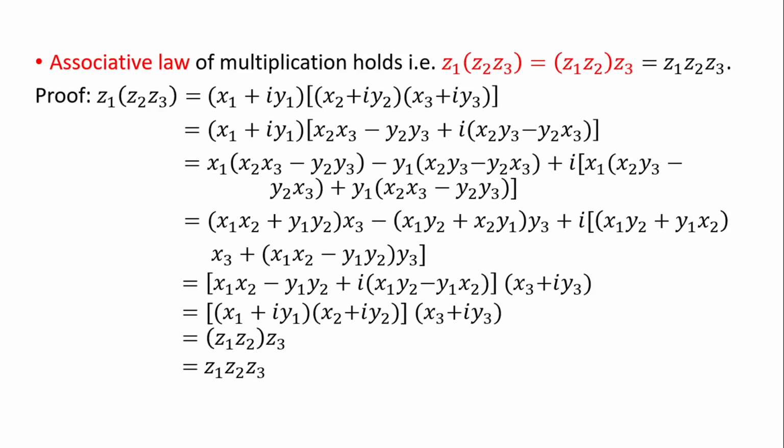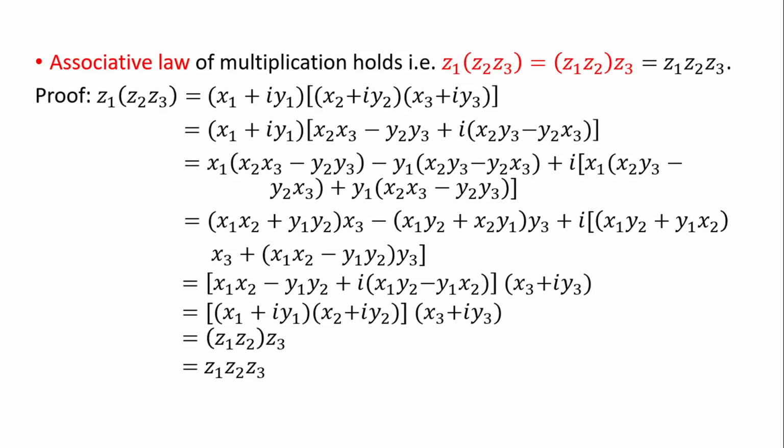Now let us prove this. Consider the left hand side, Z1 in bracket Z2 into Z3, and let us put the values of Z1 as X1 plus iY1, Z2 as X2 plus iY2, and Z3 as X3 plus iY3.